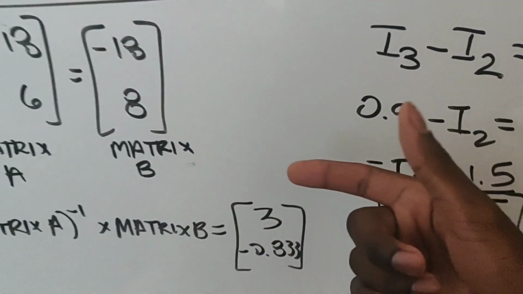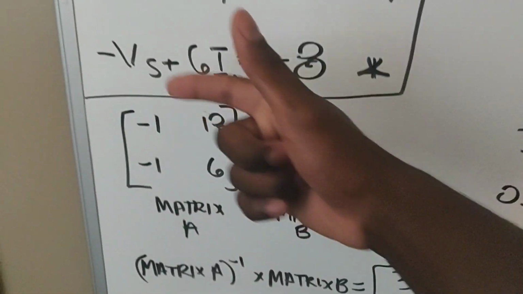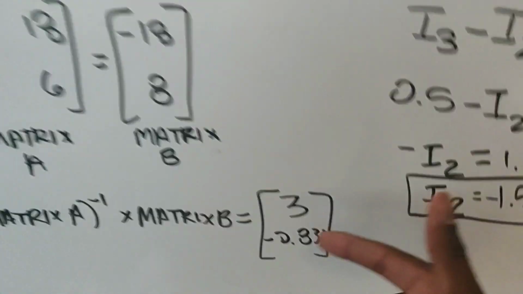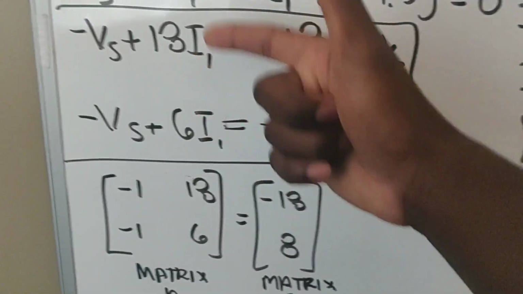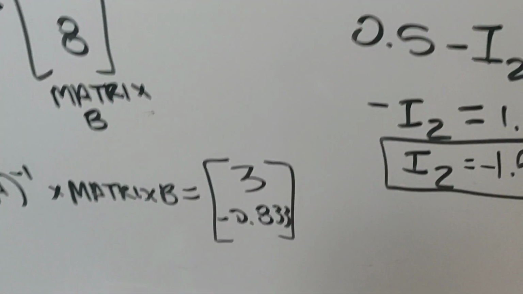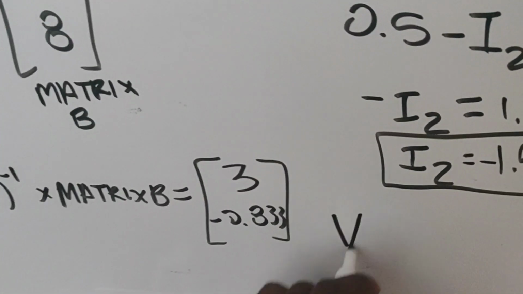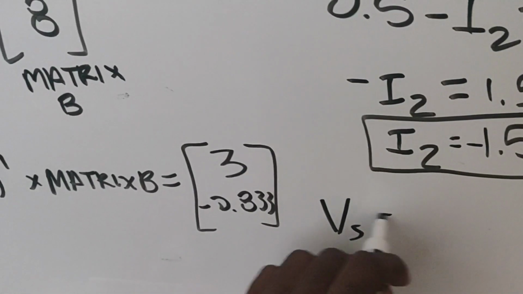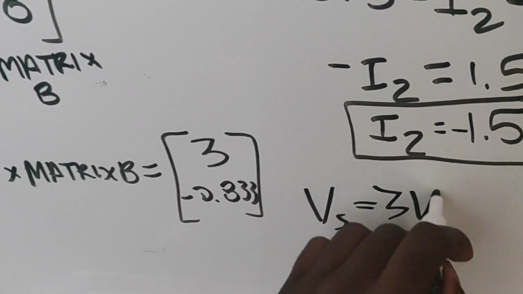And this value right on top is going to be your first unknown, and this value on bottom is going to be your second unknown. So here, our first unknown is 3, which we've been looking for. So Vs is equal to 3 volts.